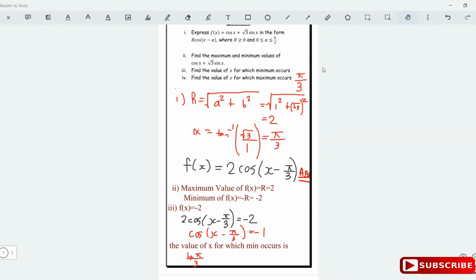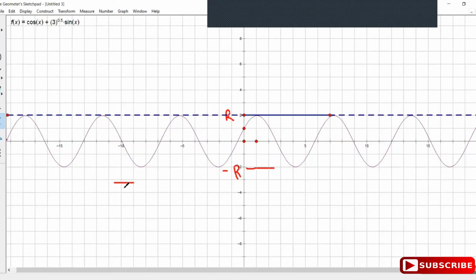Always remember, pi by 3, if we calculate pi over 3, it is roughly 1.04.